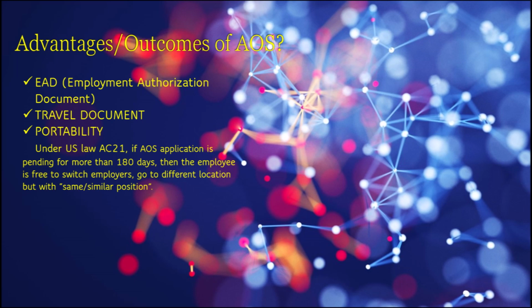That is the basic thing here. You can switch employers, go to different locations, no need of transfers, no need of amendments. You just need to be in the same position or occupation. So that's the clause here.